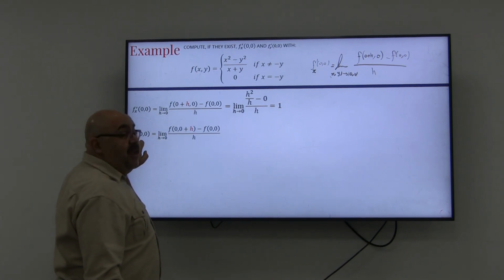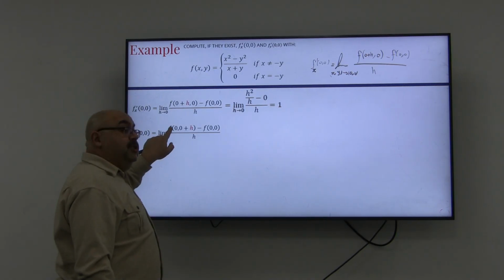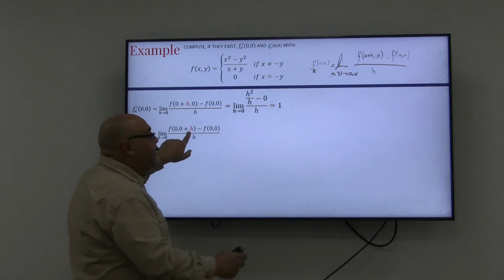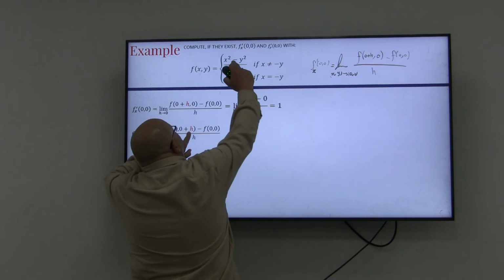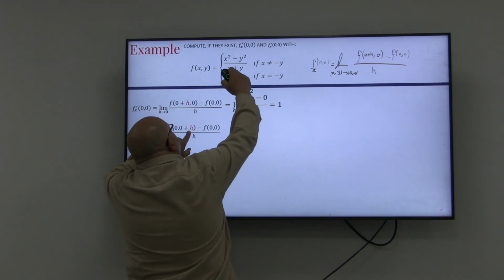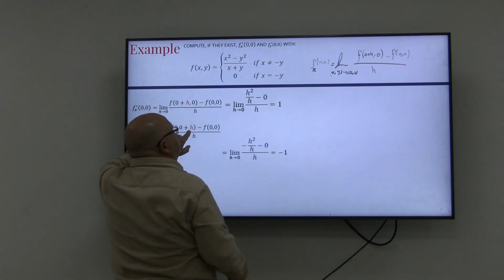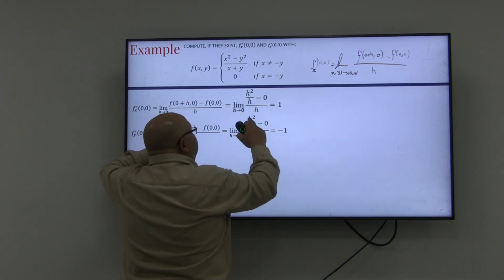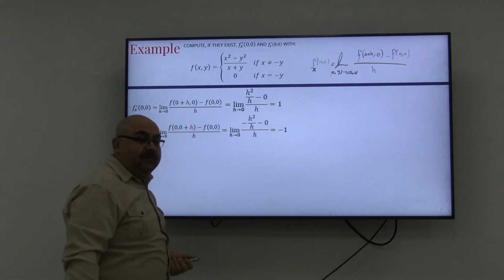When I am in the y direction, x is the one that is 0, and y is the one that will be 0 plus h. Let's do the substitution. It gives you 0 minus h squared over 0 plus h, so directly in the second step negative h squared over h. So it's going to be negative h divided by h, which is equal to negative 1.